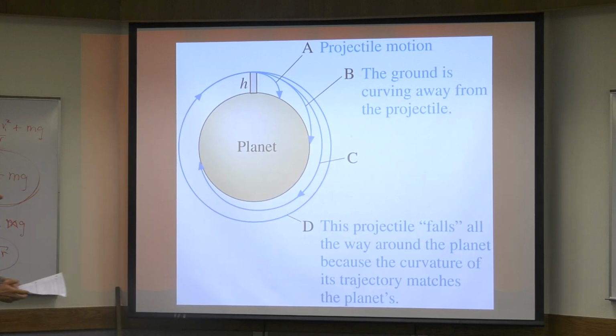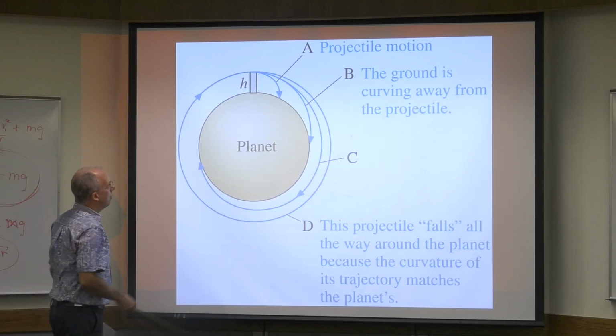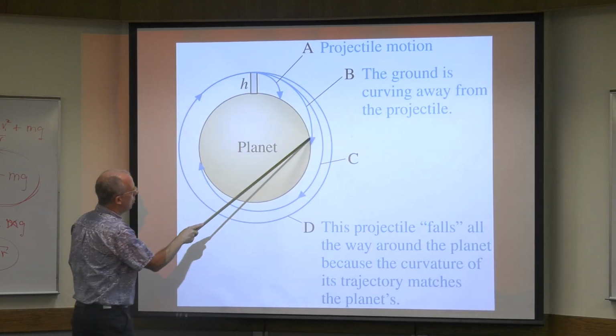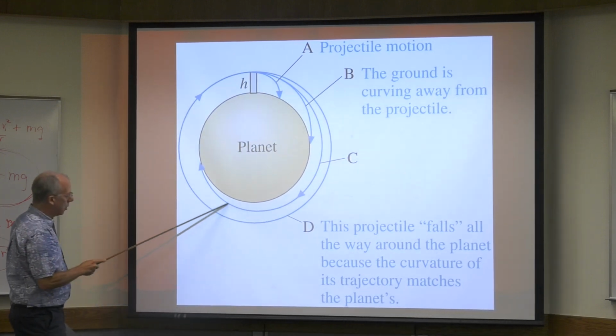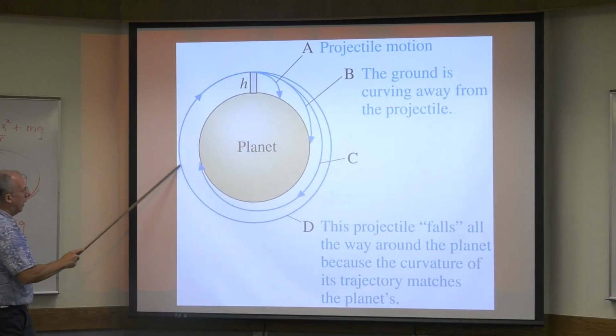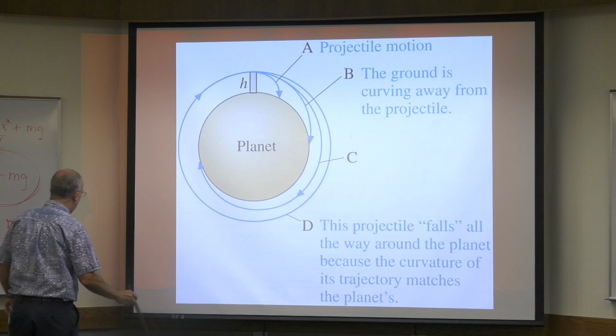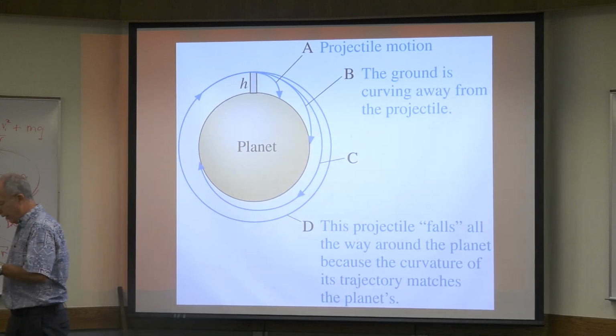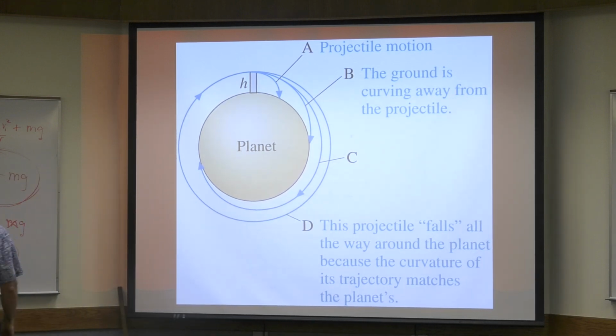So basically, this is too slow, this is too slow, this is too slow. D has the correct speed to make it all the way around the Earth. And that's what we want to figure out.